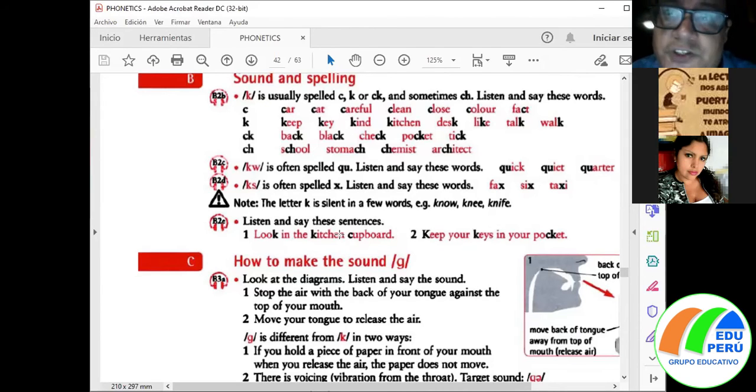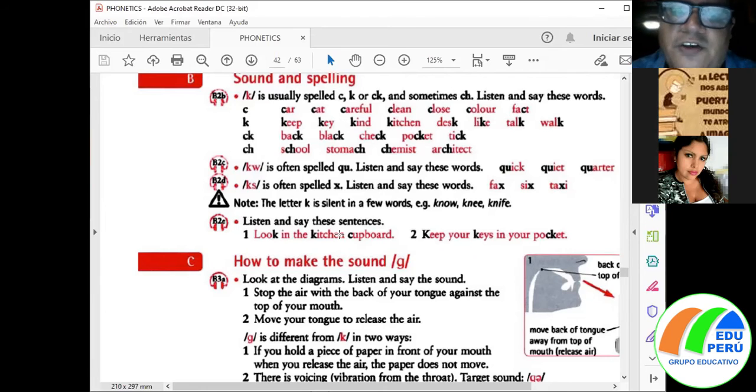Notice you're producing two consonants. Ka, wa is not a consonant and a vowel. No, two consonants. Quiet, quarter.